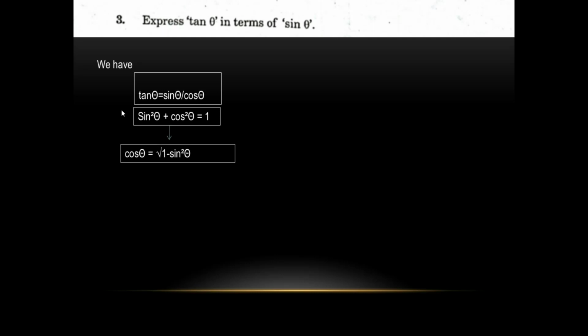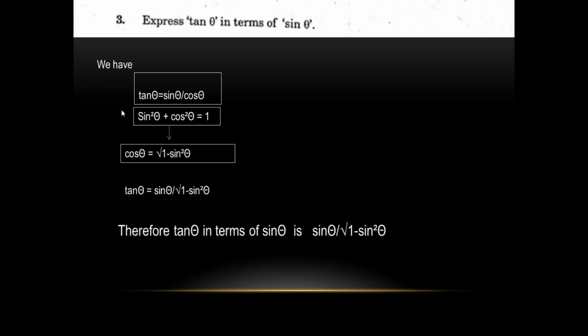From this formula, we can write cos theta is equal to under root 1 minus sin square theta. So, tan theta is equal to sin theta divided by under root 1 minus sin square theta. Therefore, tan theta in terms of sin theta is sin theta by under root 1 minus sin square theta.